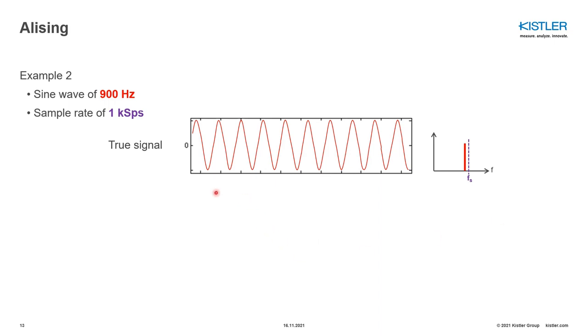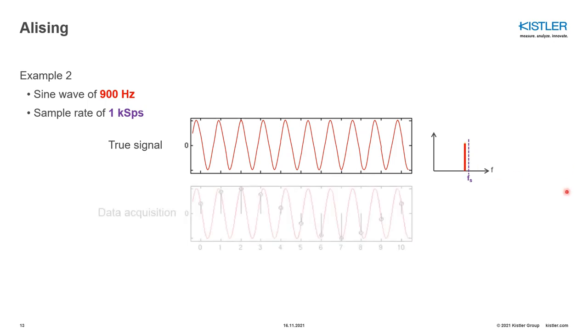If you look at this example, we have 900 Hertz instead, and we are sampling only with 1000 samples per second, so 1000 Hertz. So it's very close to that.